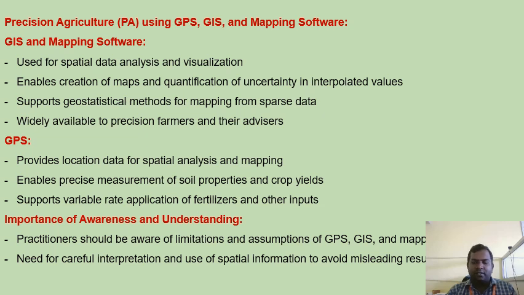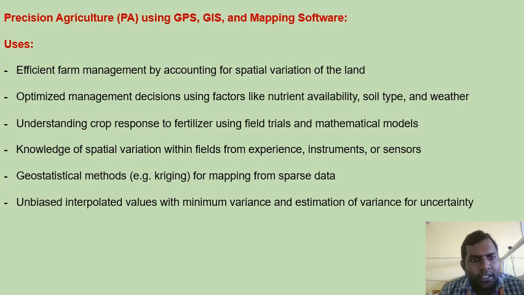Now we can see what the uses of GPS and GIS and mapping software are in precision agriculture. By utilizing GPS and GIS in the precision agriculture process, we can efficiently manage the farm.